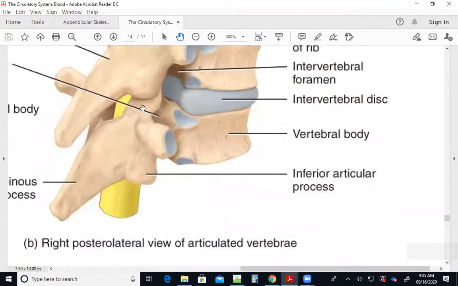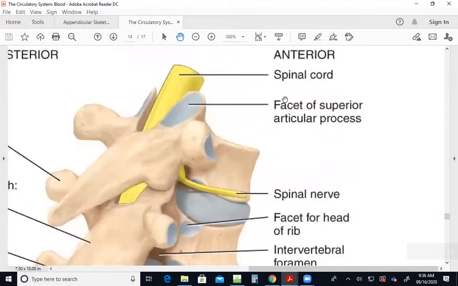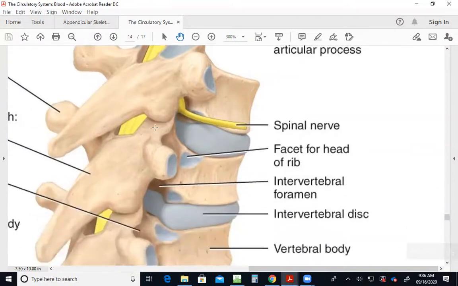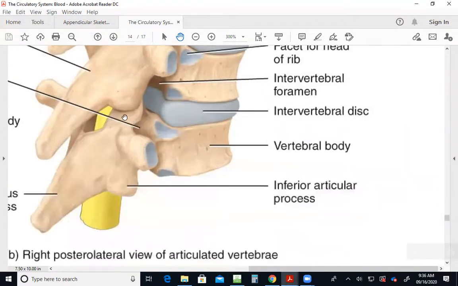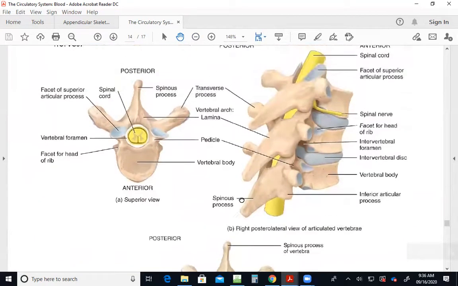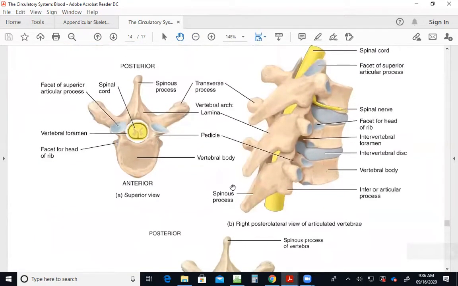The bump coming up from a vertebra is called its superior articular process. Now the word facet refers to the space right there, that blue. Don't worry about that. So just highlight superior articular process. If you want, you could draw an arrow right here for that one. You could do the same here. Those are how two vertebrae actually do connect.